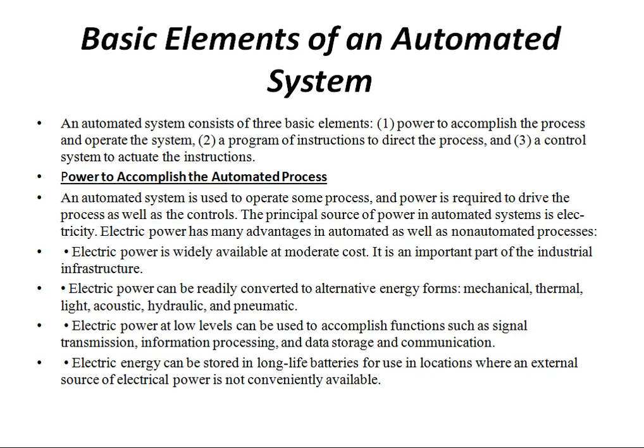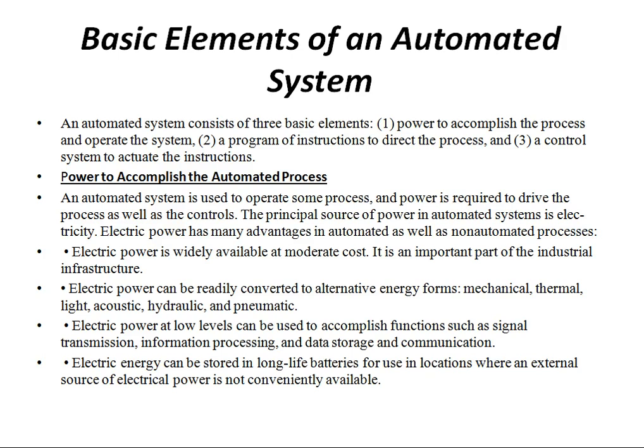So in an automated system, the first step is the power to accomplish the process. How is power needed? Electric power is widely available at a moderate cost for the industry infrastructure, for mechanical, thermal, acoustic, hydraulic and pneumatic operations, signal transmission, information processing, data storage and communication.